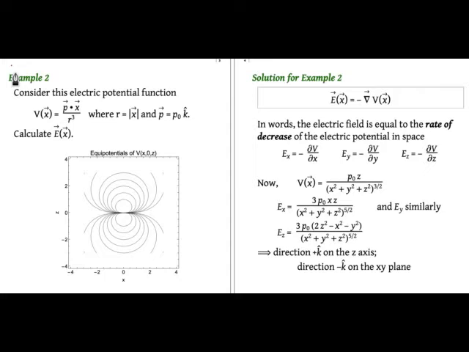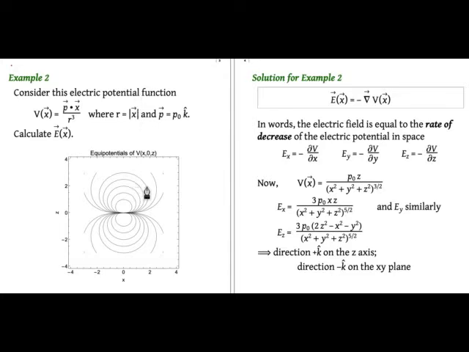Here's example 2. Consider this electric potential function. V of x is p dot x over r cubed, where p is p naught k hat, p vector, and r is the magnitude of x.